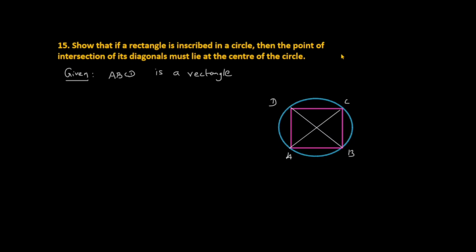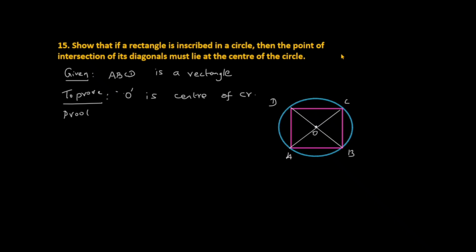So we have to prove here that the intersection of the diagonals is the center of the circle. That is, O is the intersection of AC and BD, and we have to prove O is the center of the circle.